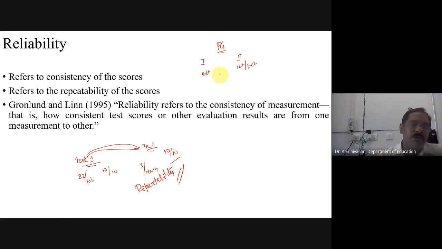Two people will usually correct. If there is a difference of more than 10%, it will go for a third evaluation of the same script. So if one sir is putting 50 and another sir is putting 61, out of 100, then that goes for a third, which means that there is less reliability.